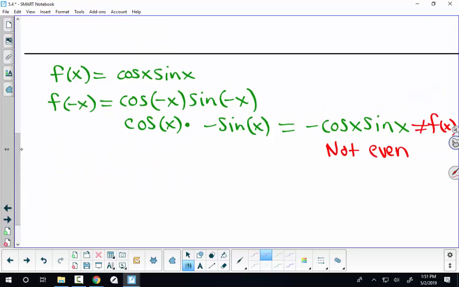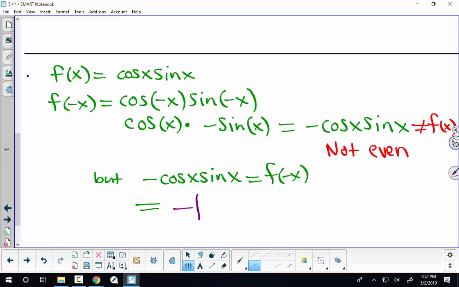But notice that the opposite of f of x, negative 1 times f of x, is negative cosine times sine, which is what we're dealing with. Negative cosine sine, which is f of negative x, is equal to the negative of the original function.